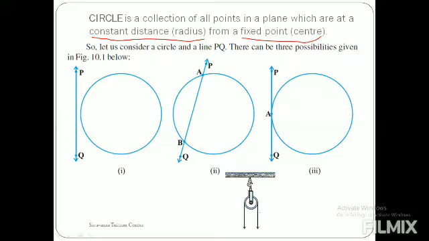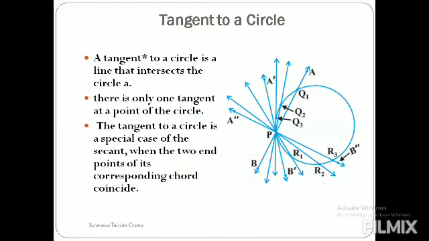These two ropes are known as tangents to the pulley because each intersects the circle at only one point. Does anything from the first and second pictures suit this? No. Only the third, that is the tangent, suits the pulley. So moving on to the next slide.